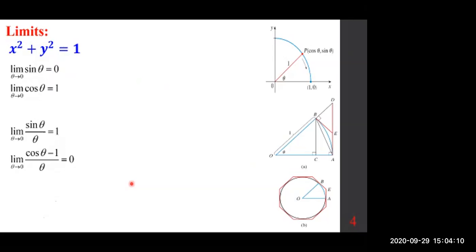What I want you to see, a couple of things. Starting from the left side, everybody remembers the unit circle, x squared plus y squared equals 1. If you graph a unit circle, let me just quickly graph it here. This is the unit circle, where this is 1, 0, this is 0, 1, and so on.